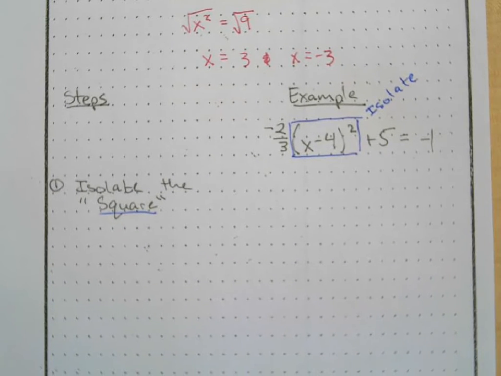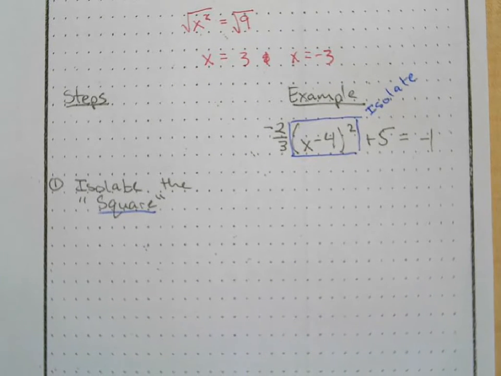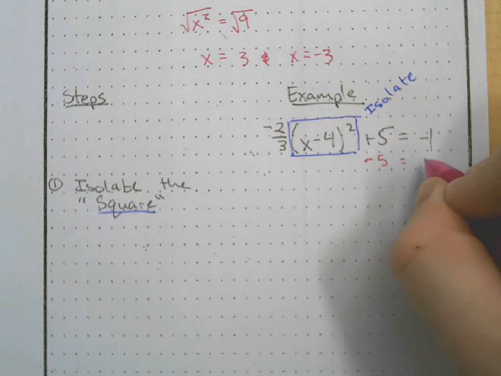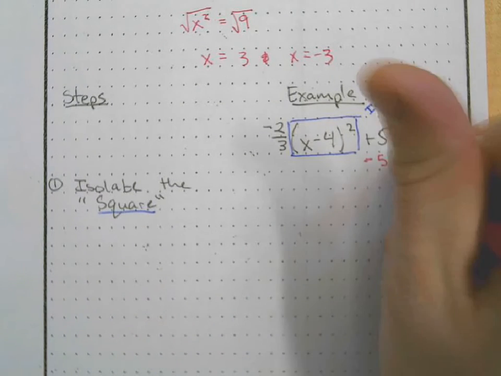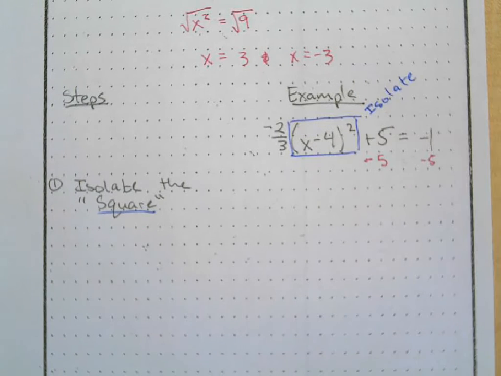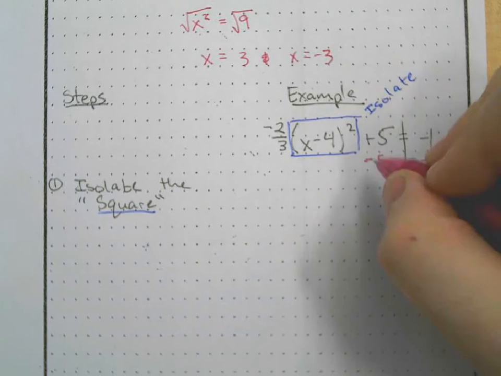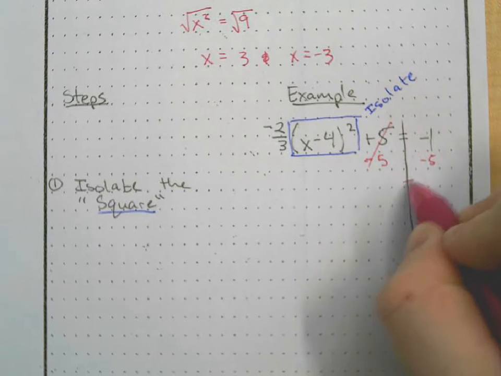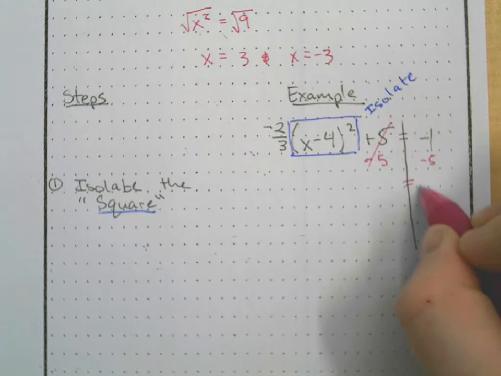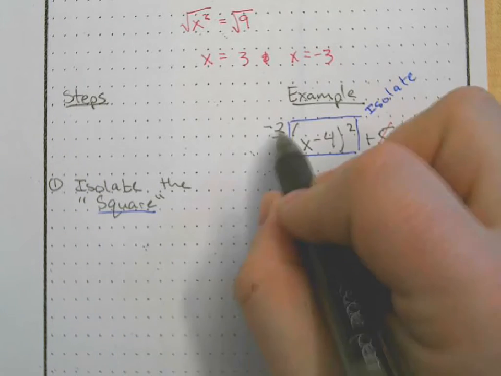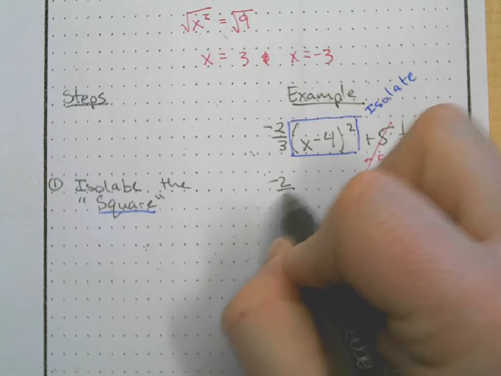So we'll go through our solving techniques. The first thing I would do is subtract 5 from both sides. These 5 cancel. Bring down my equal sign, I get negative 6. All this stuff comes straight down.